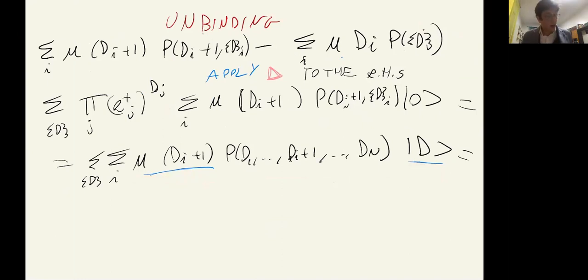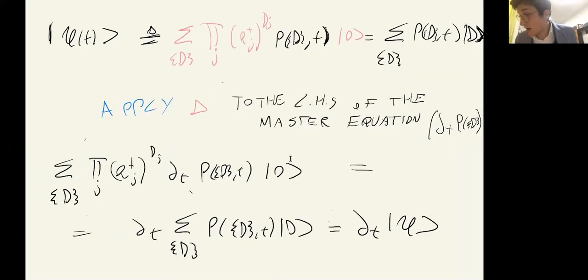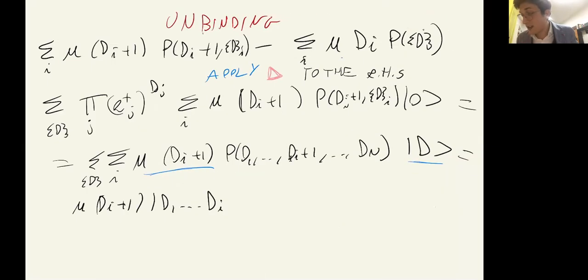What you have here is d_{i+1}, and then let's write it explicitly, you have d1, ..., d_{i+1}, ..., dn. Again, be careful: now we applied the pink one, so even though this is d_{i+1}, we don't have d_{i+1} here, and so this would be dn.